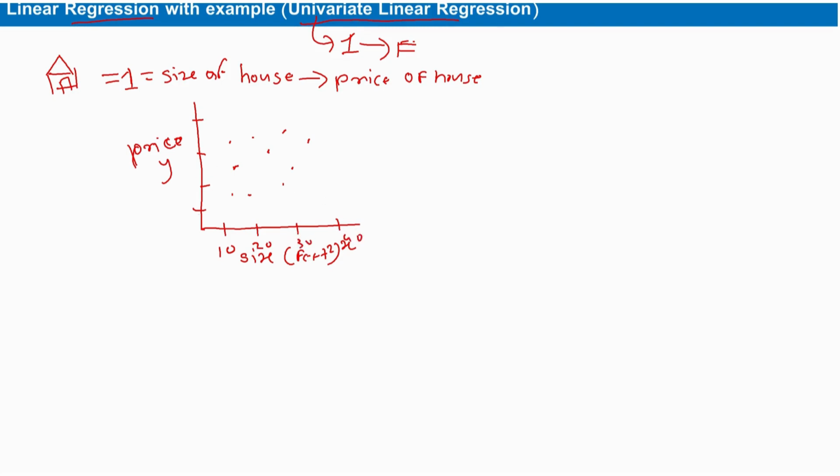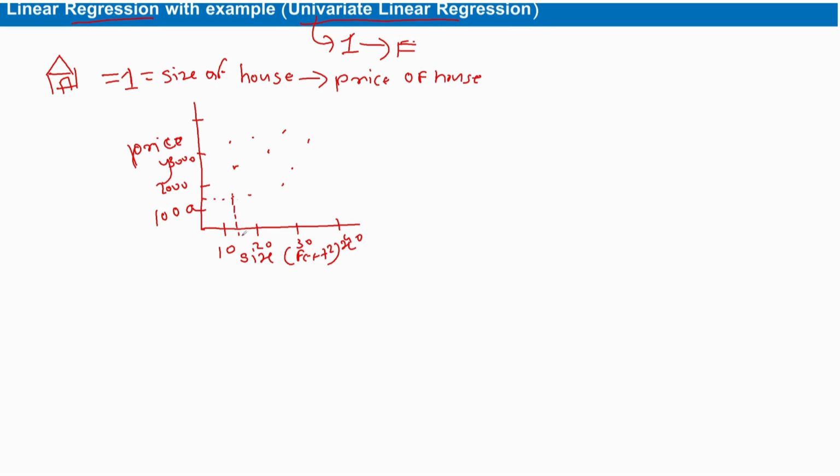And suppose this is the price: $1,000, $2,000, $3,000. For each of the size we have the corresponding label.